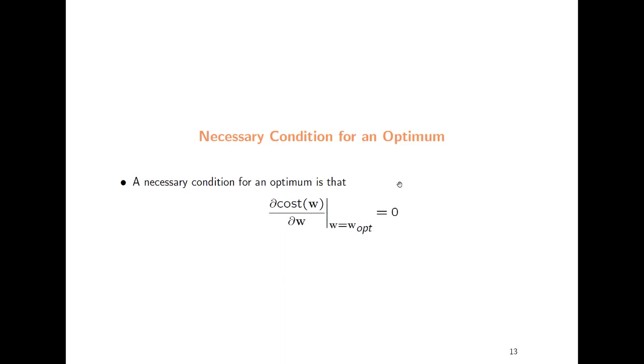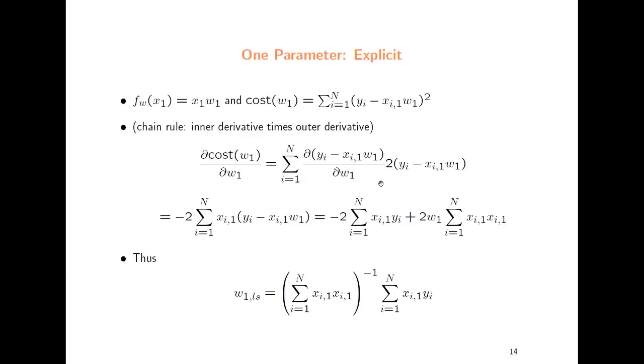And you might remember from high school or from wherever that a necessary condition for an optimum is that the first derivative is 0. It's not sufficient, but it turns out in our case it's also sufficient.